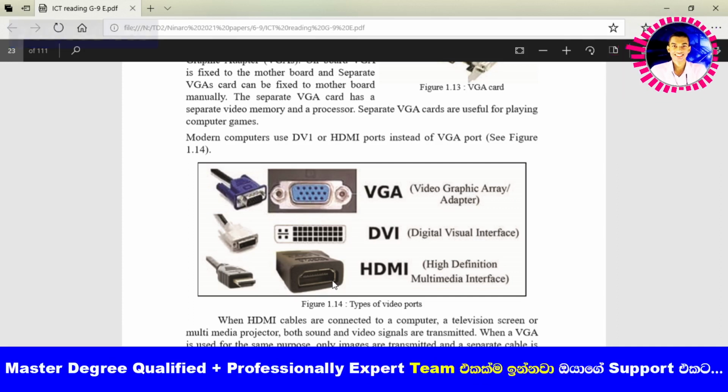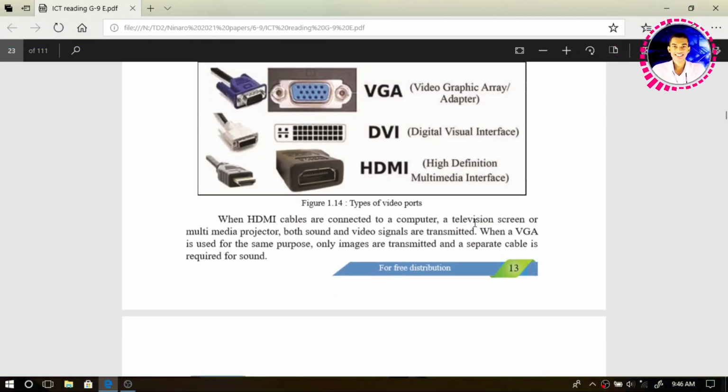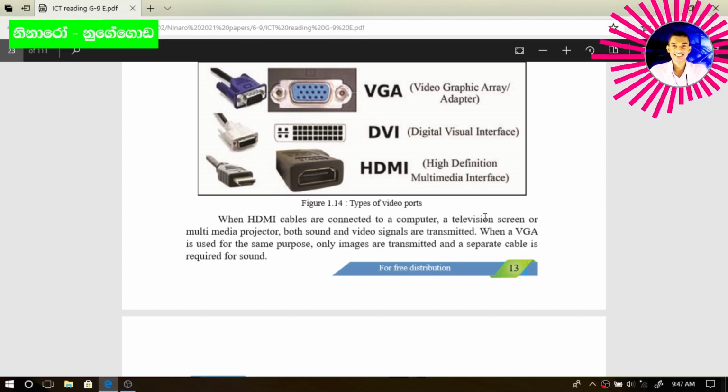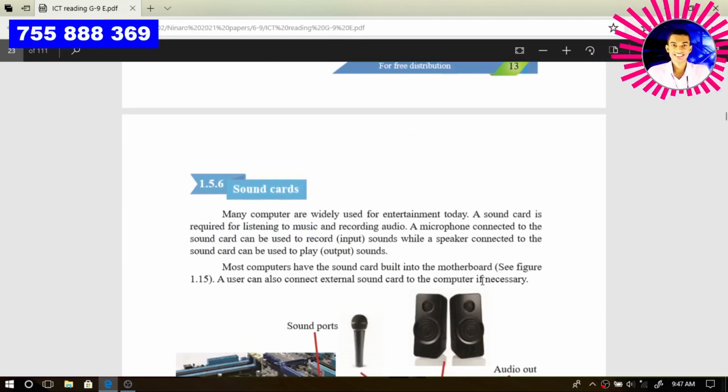If we consider LED monitors, a lot of them come with an HDMI interface. Therefore, if we have a video graphic card with an HDMI port, we can easily use it with our HDMI monitor. So, in the next video, we can discuss the sound card.